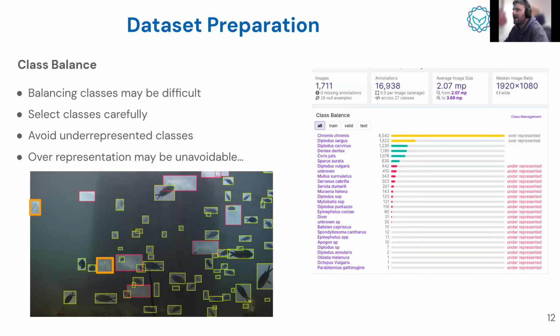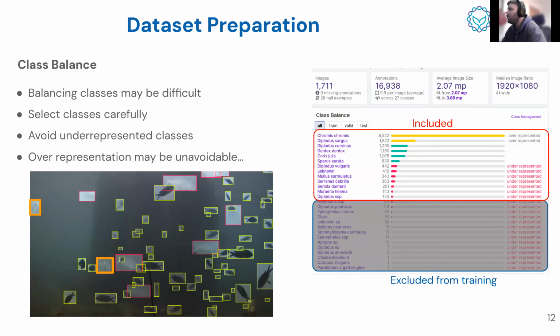So you have to make a kind of Solomonic decision here and say, okay, I'm going to include only these classes and exclude the others from my dataset. So this is what we did. We decided to include only the 12 most prominent species and to exclude the others. Of course, this is not ideal, but it's a pragmatic solution, because otherwise the underrepresented classes are going to be really, really bad in predictions.